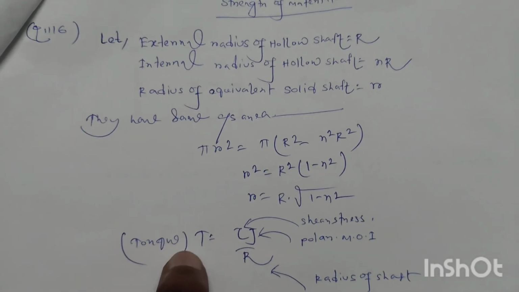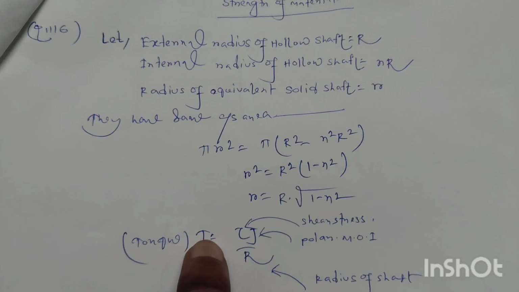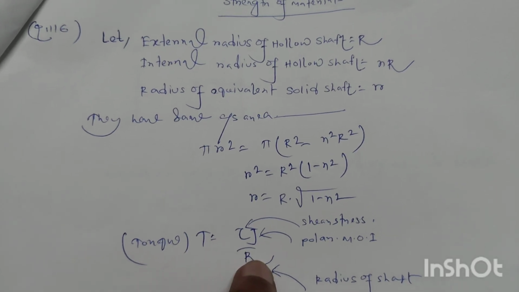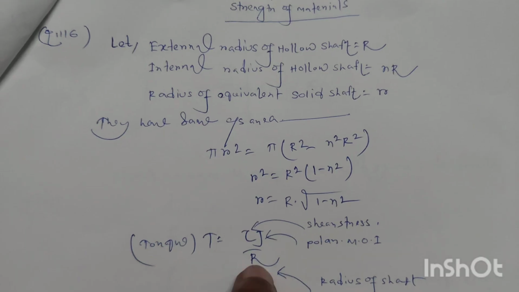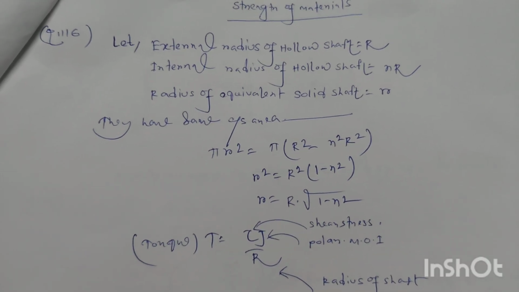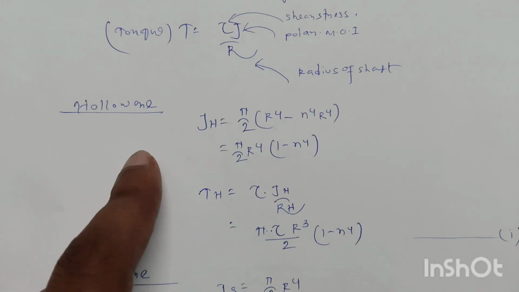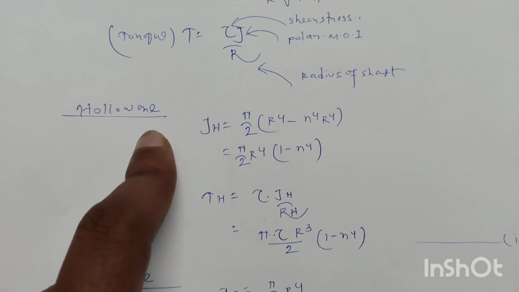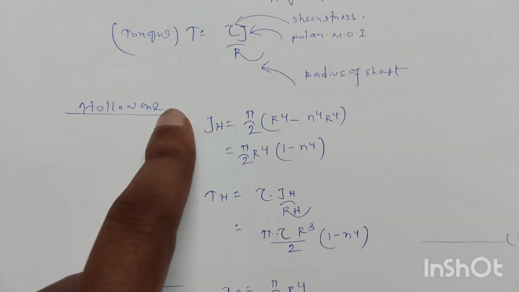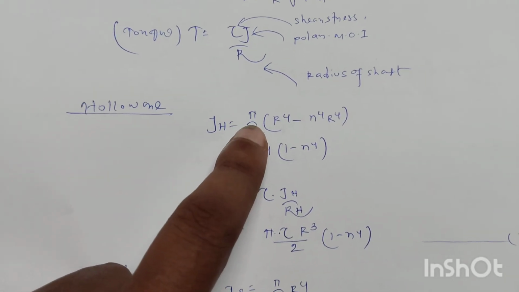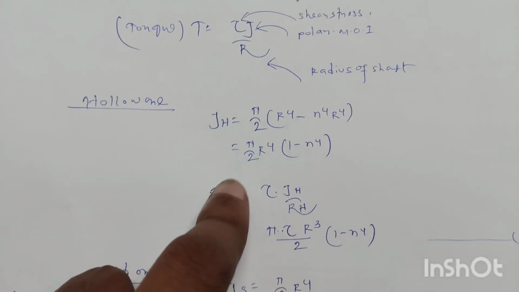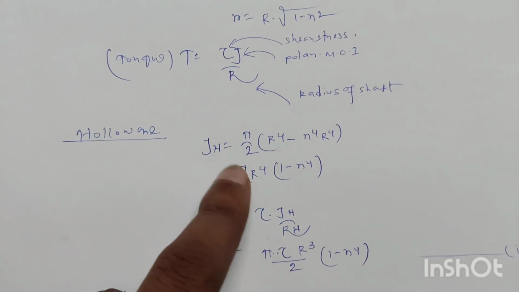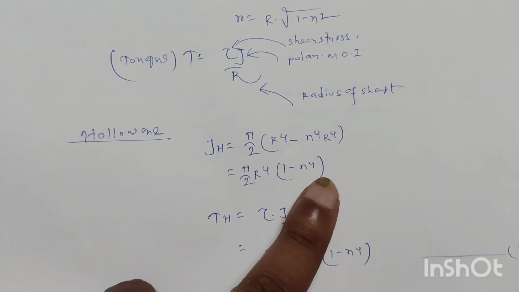We know the value of torque of this shaft, capital T equals tau into J divided by capital R. R is the radius of the shaft, tau is the shear stress, and J is the polar moment of inertia. So for a hollow circular shaft, the polar moment of inertia will be pi by 2 into capital R to the power 4 minus n to the power 4 into R to the power 4. And if we simplify, that will be equal to pi by 2 into R to the power 4 into 1 minus n to the power 4.